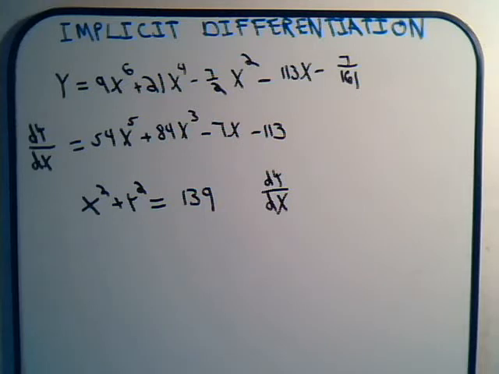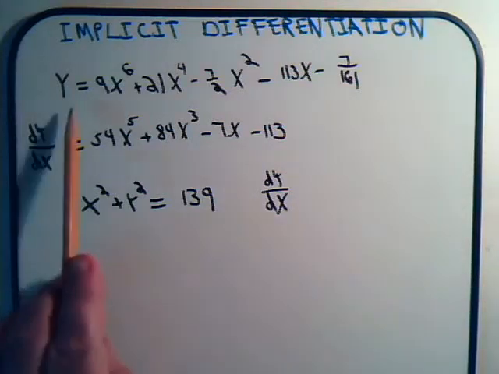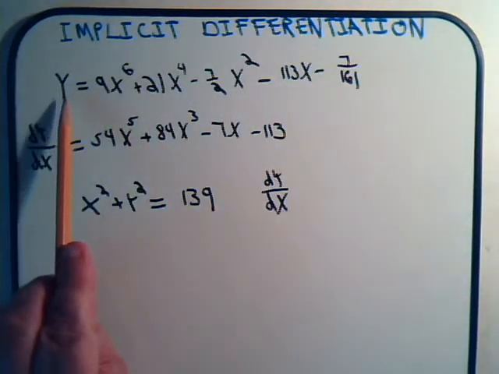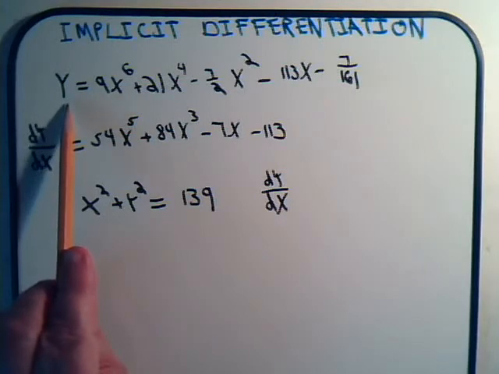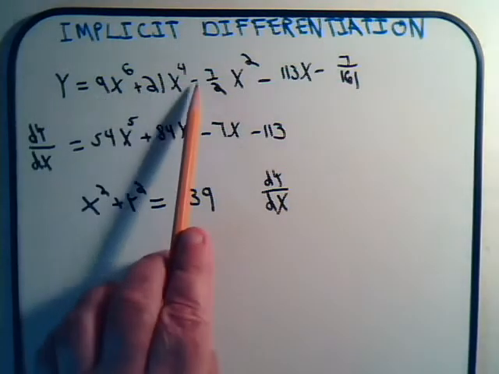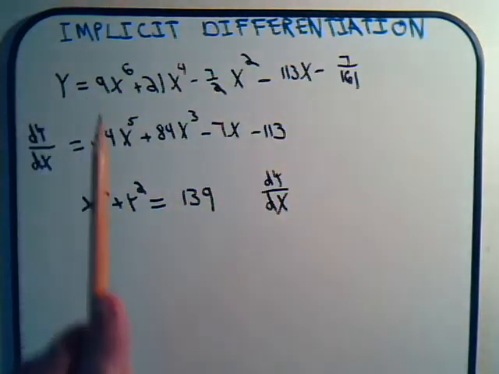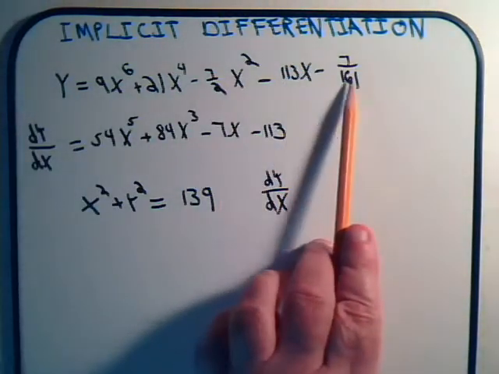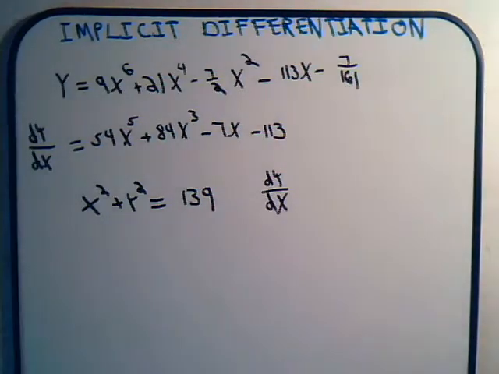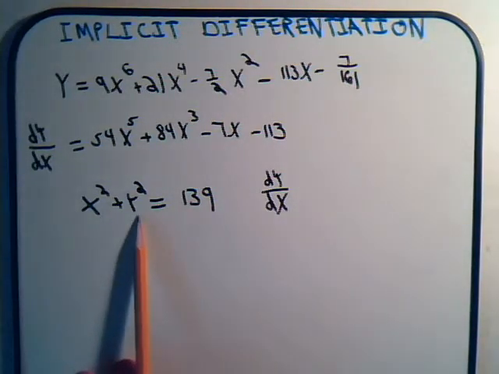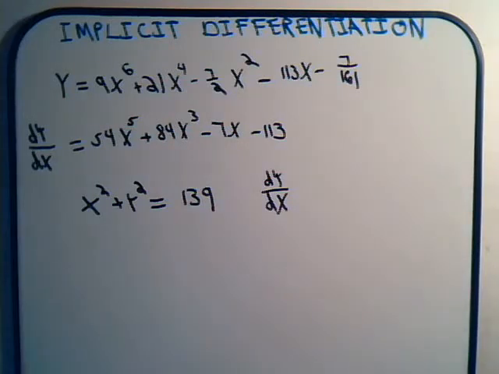Now, the way the equation stands right now, this equation is different from the first equation. With that equation, we stated explicitly what y is equal to, all in terms of that single variable x. Here we have an equation where y is just one of the variables in the equation.